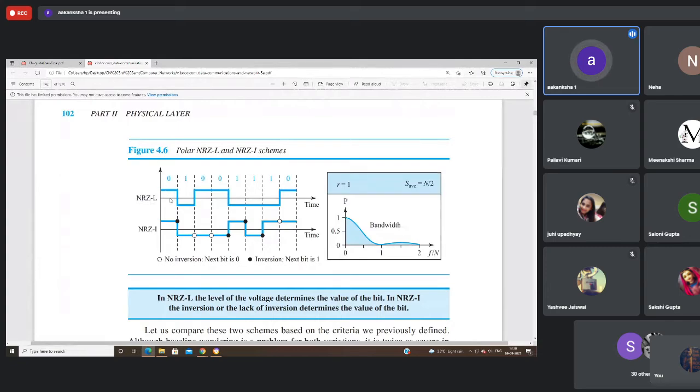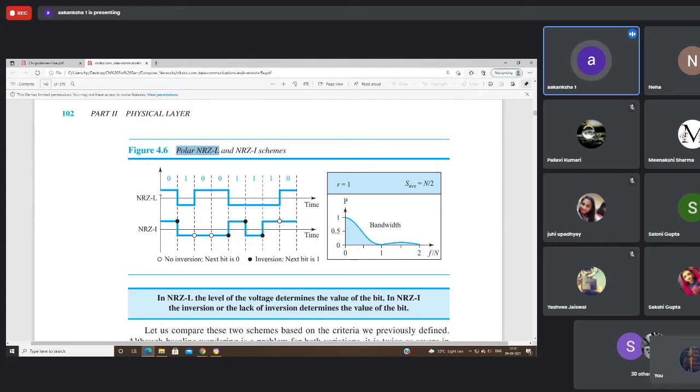So during the whole bit transfer, there is no return to 0. That's why it is known as NRZ. L means level, so it has a particular level for 0 and a particular level for 1. And polar means it can have positive and it can have negative. I hope it is clear what is meant by polar NRZ-L.